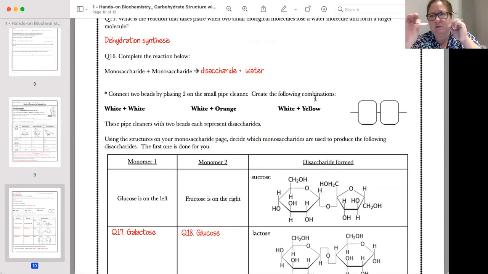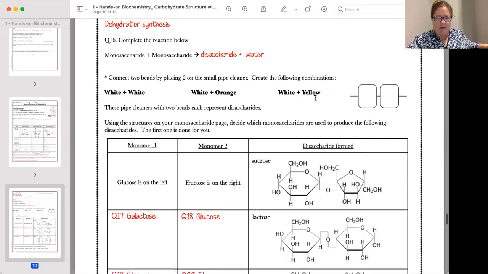So this made sucrose. If we take galactose and glucose and bond those together, releasing the water in dehydration synthesis, we form lactose.